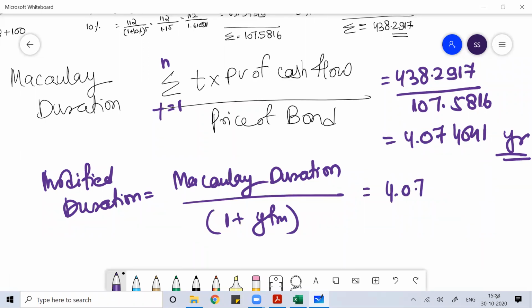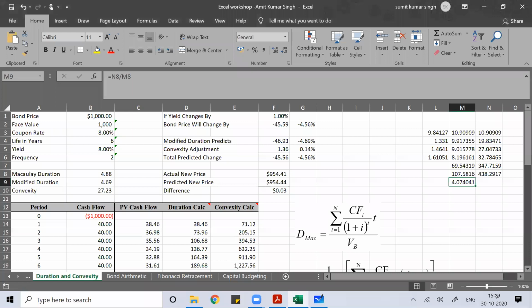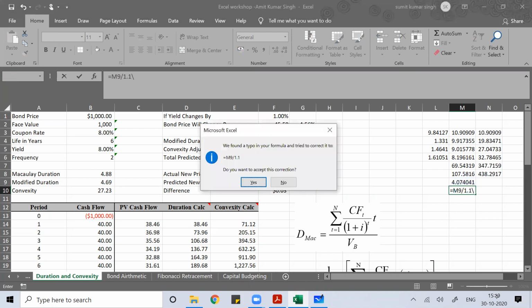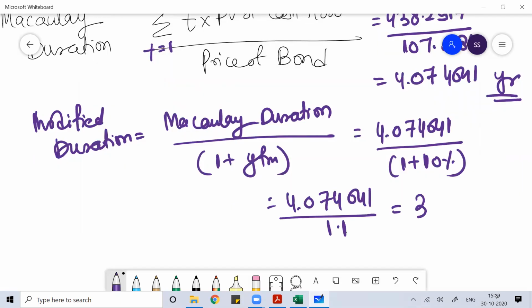That is 4.074041 divided by 1 plus 10%, that is 4.074041 divided by 1.1, which is 3.703673. This is the modified duration.